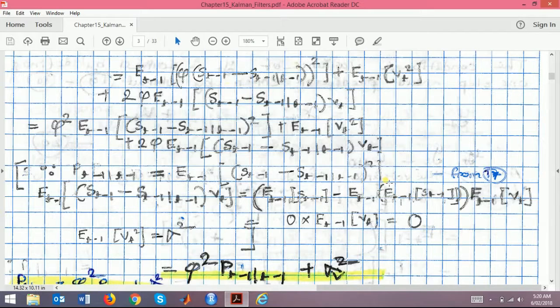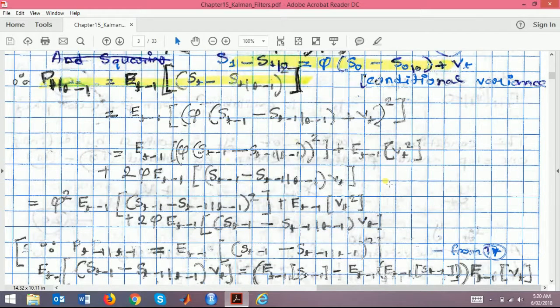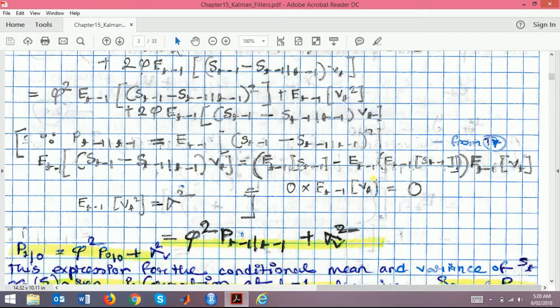So what's the difference? One more time. P1|0 was s1 minus s1|0, while P0|0 is obviously s0 minus s0|0 squared. So we take this expectation further ahead.